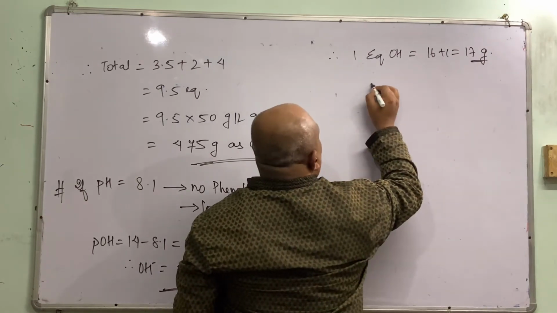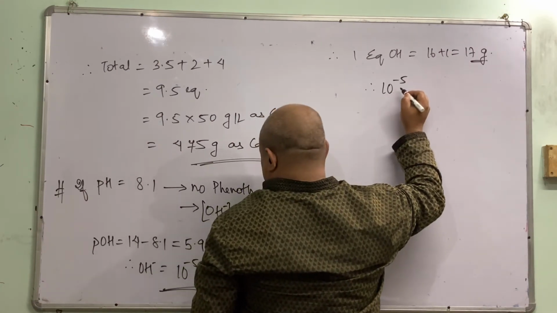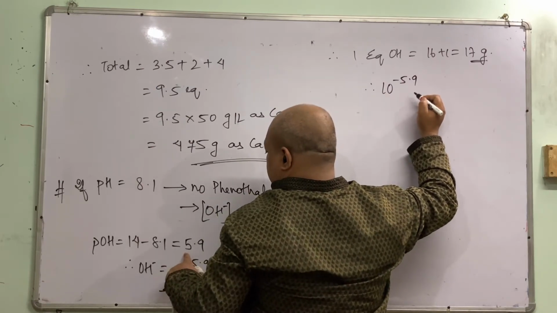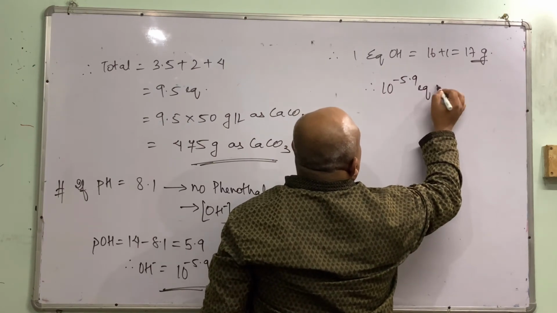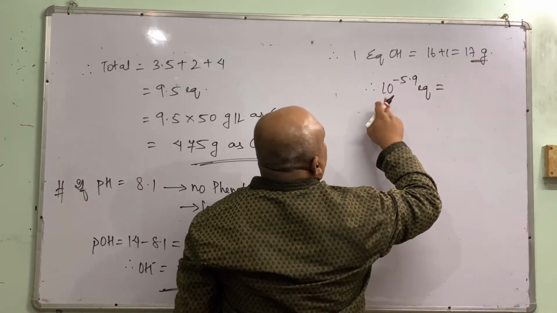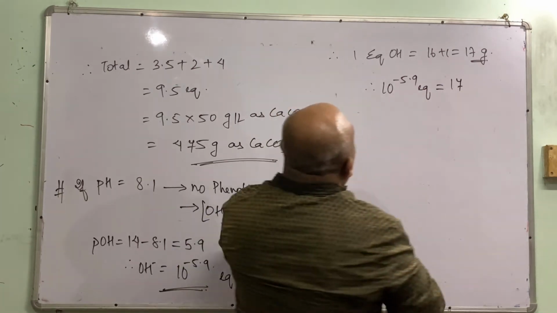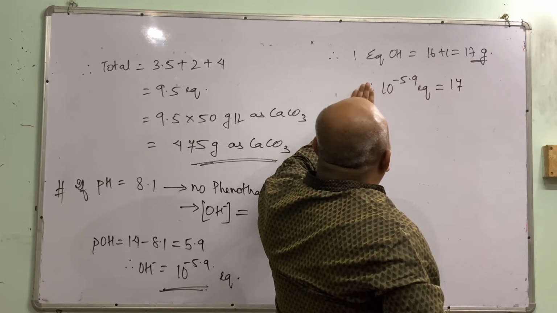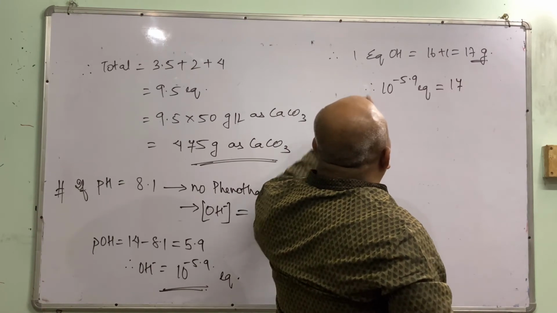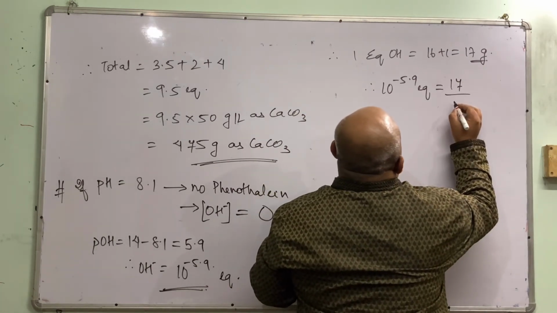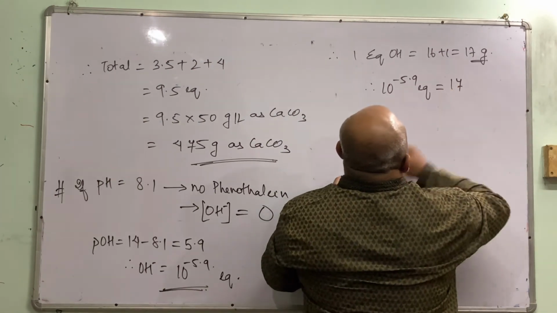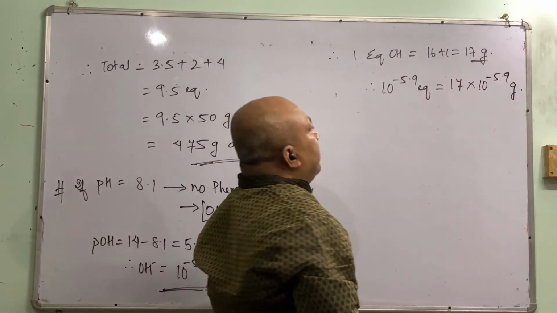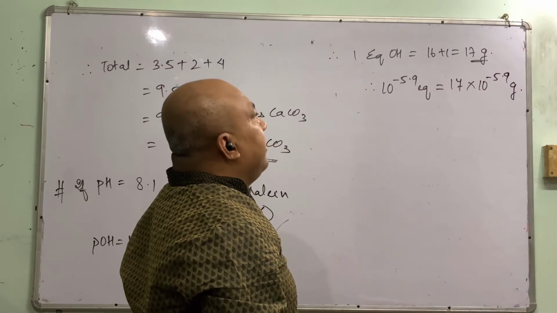Therefore, 10 to the power minus 5.9 equivalent is 17 into 10 to the power minus 5.9 grams.